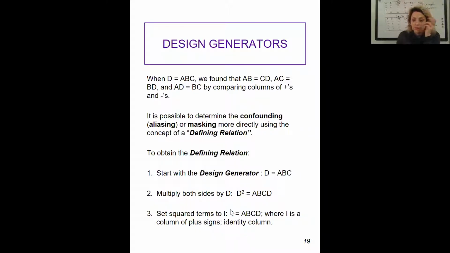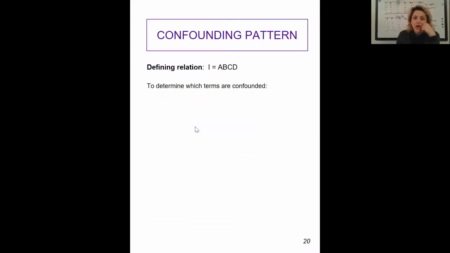In this way, we obtain the defining relation. We would say I is equal to ABCD. This is our defining relation. To determine which terms are confounded is then very easy. We multiply the defining relation by the terms of interest.